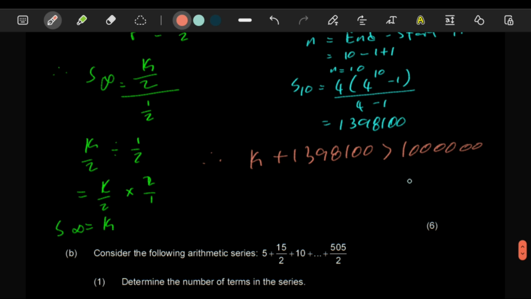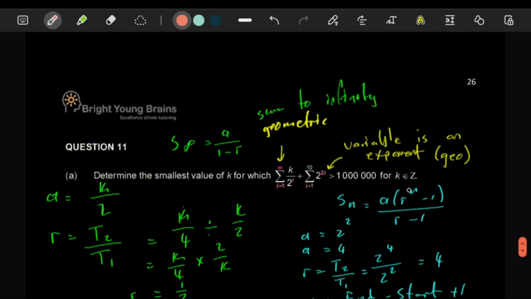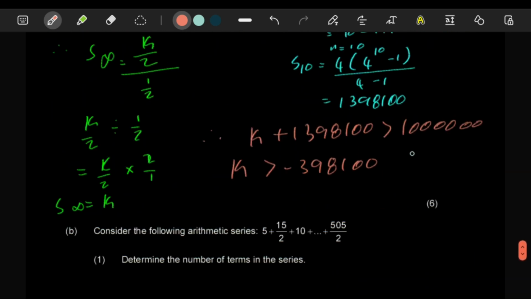So working out k, this goes over, so k has to be bigger than -398,100. So this question, nothing crazy, nothing major. It's all that you have to put. You can just say k is bigger than this, but then remember here they say that k has to be an integer. So you also have to specify that it is bigger than this, yes, but only consider integer values for k, because if you just leave it by saying k is bigger than this, it also implies that k can be a decimal.